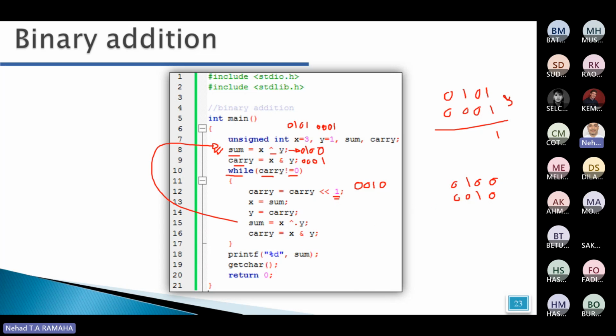Now we make another time the summation. We make the XOR: if they are the same 0, if they are different 1, 1, 1, 0. So sum is equal to 0, 1, 1, 0.